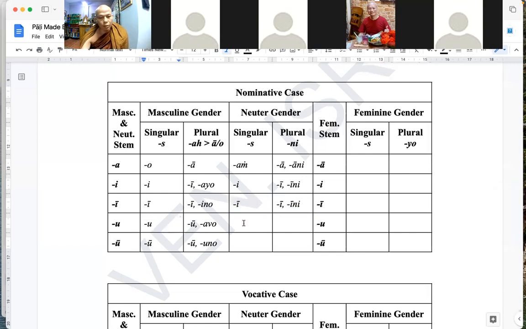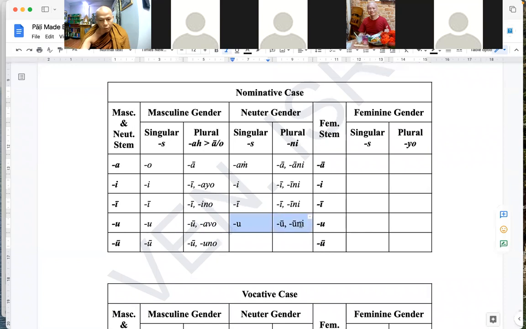And then for the u also, singular is just u, but in plural it becomes long ū. After that, ni is added. The first form is long ū, and the next form has ni added to the long ū. Here also the last form is different in plural, the rest are the same.